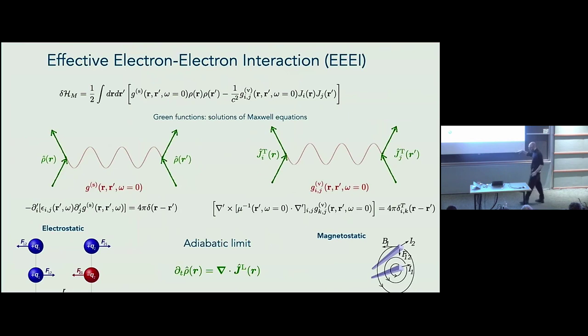And this is only true in the adiabatic limit, but I will not stick to this limit, it's just to give you a physical sense of what they are. This is electrostatic, and this is magnetostatic. At a finite frequency, this will be some finite frequency electrostatic, and this will be usual transverse electromagnetic.